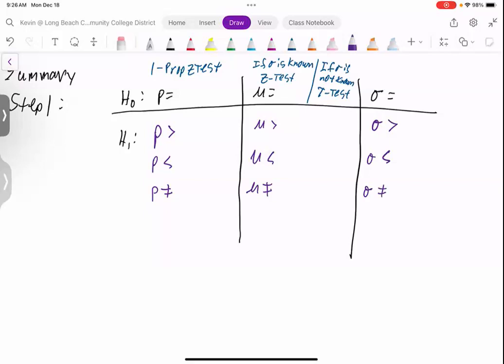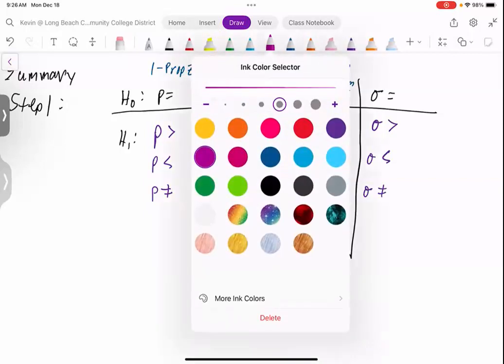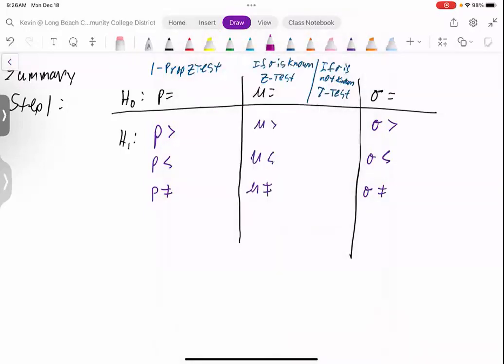And just as a quick reminder, if it is greater than, that is a right tail test. Less than, it's left-tailed. And not equal to is two-tailed. So that's basically our rundown of how we're going to be going for step one.